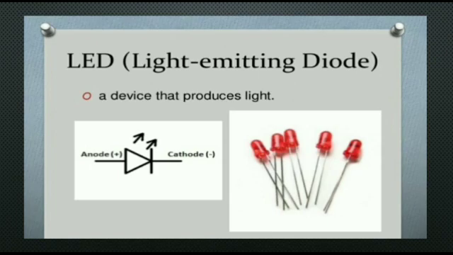In those days we used single color LED, which emits only a single color. After that, double color LED, and nowadays we are using multicolor LED. One LED produces different colors, more than two colors, right? So that is the multicolor LED.